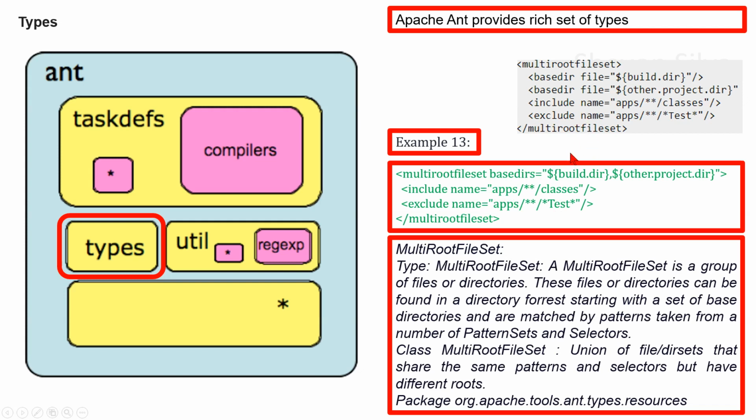This is equivalent to this example, but uses nested base dir elements. The nested elements and the base dir attributes can be used at the same time and will be merged.